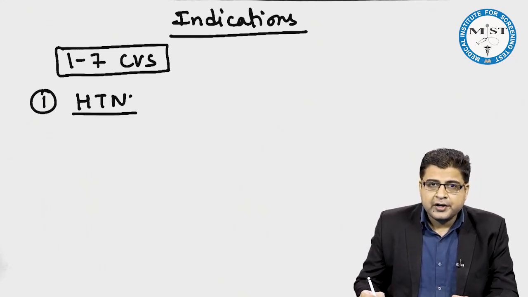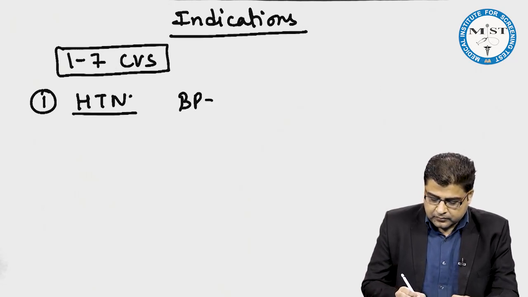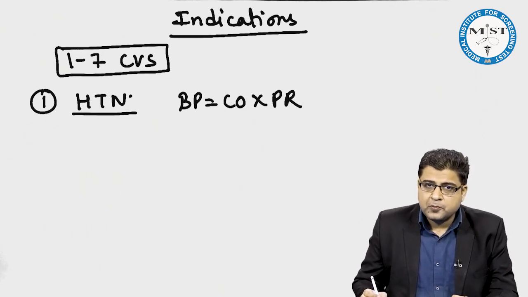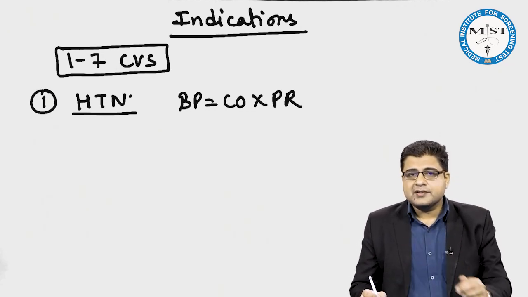We already know this point, that blood pressure is equal to cardiac output into peripheral resistance. So whenever we have to reduce blood pressure, we have two options in hand. Either we can reduce cardiac output or peripheral resistance.